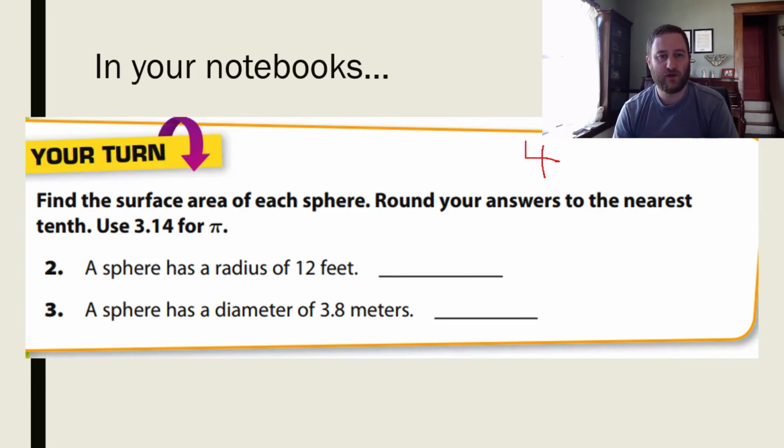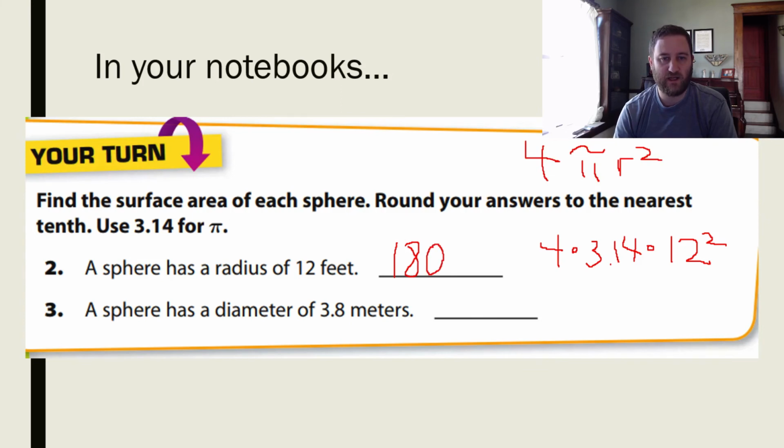So 4 times 3.14 times our radius squared, so 12 squared. If you do all that, you should have gotten an answer of 1,808.6, and that's square feet.